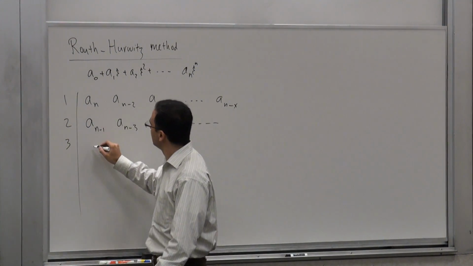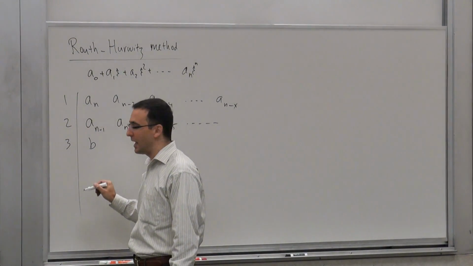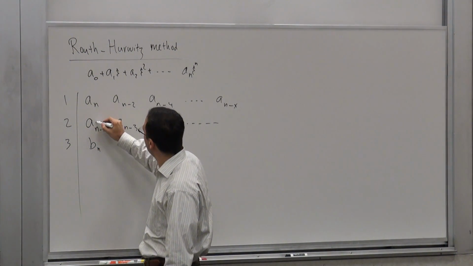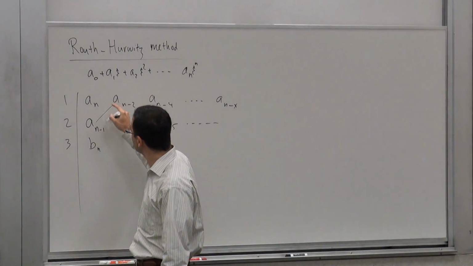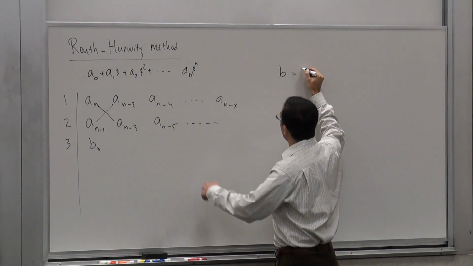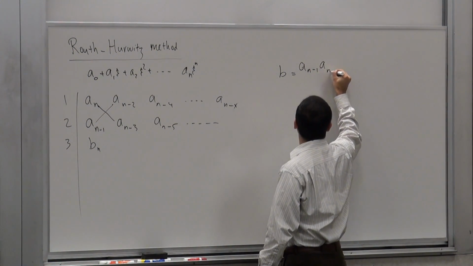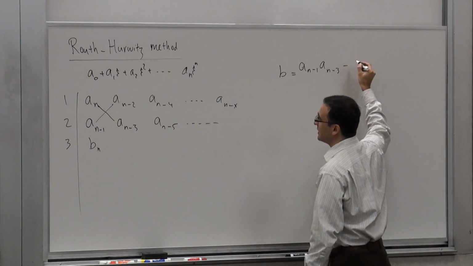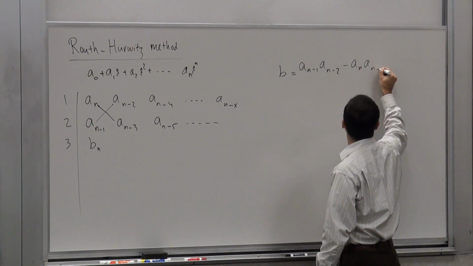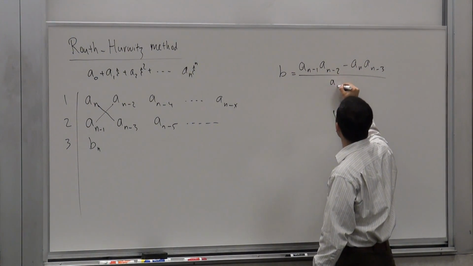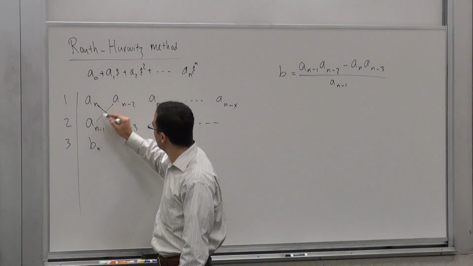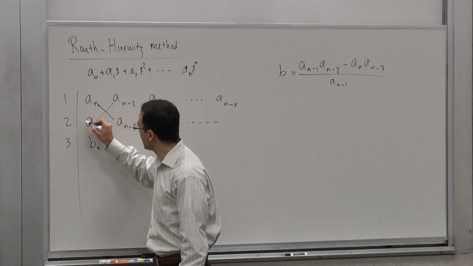Then you calculate the B's. B is this multiplied by that minus this multiplied by that, divided by this. So B is an minus 1 times an minus 2 minus an times an minus 3, divided by an minus 1. It's like a matrix multiplication kind of, right?